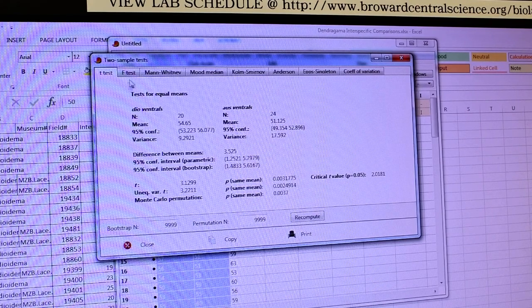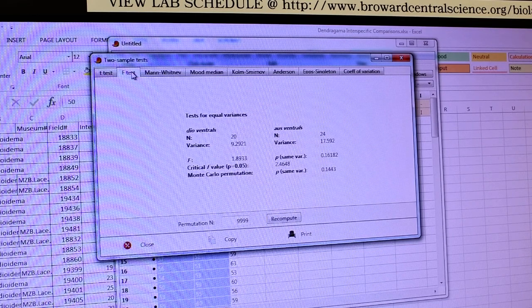And then this is where we test for homogeneity of variance. So click F for homogeneity of variance. All right. So there is F. That's the statistic that is used for this type of test. And notice this says P, same variance. That's actually what the null hypothesis is.